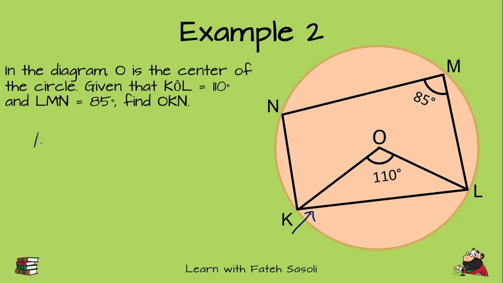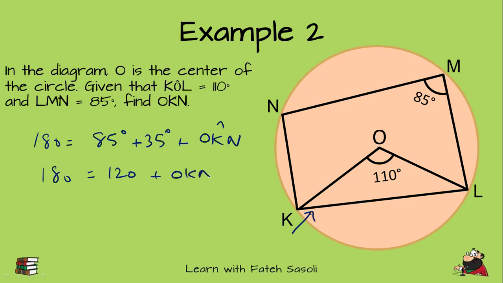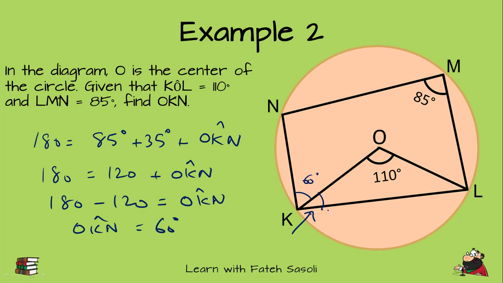So it comes down to 180 is equal to 85 degrees plus 35 degrees plus OKN, which is 120 plus OKN, or 180 minus 120 is equal to OKN, which comes up to 60 degrees. So this angle here is 60, this was 35, and we're done with that.